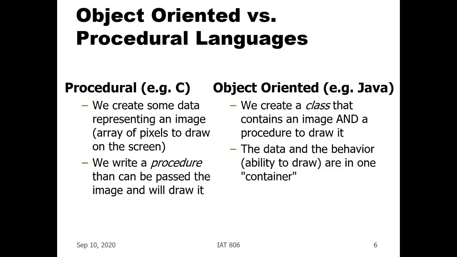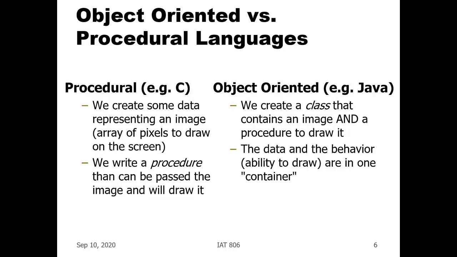Then a C procedure will draw the image on the screen, or another procedure would turn the pixels all to green, and another procedure might turn all the pixels to blue. The idea is that there is a chunk of memory somewhere containing the image, and there are procedures that operate on that chunk of memory. And in fact, you could have a collection of images, and that procedure would act on each of those images, bypassing the details of where that image is located.